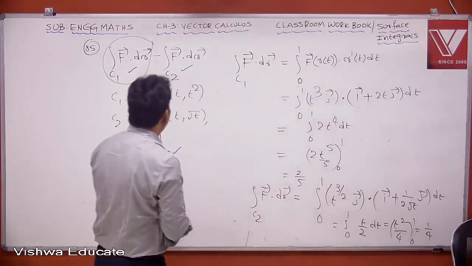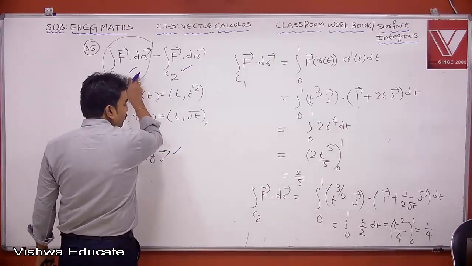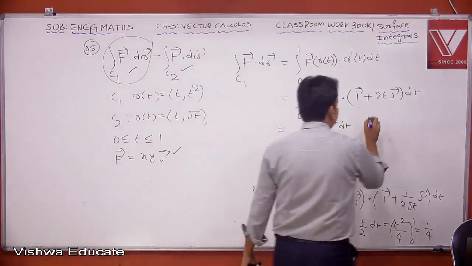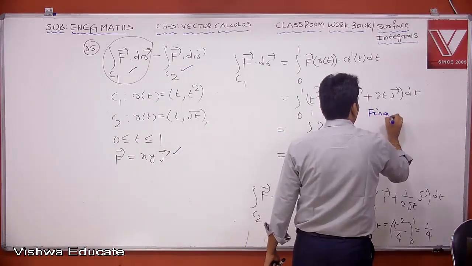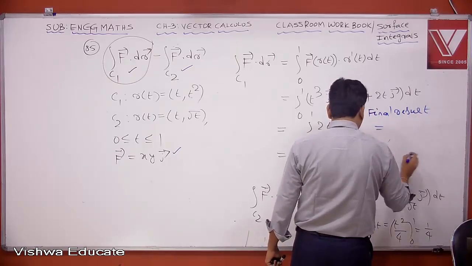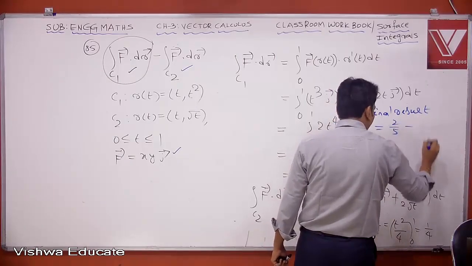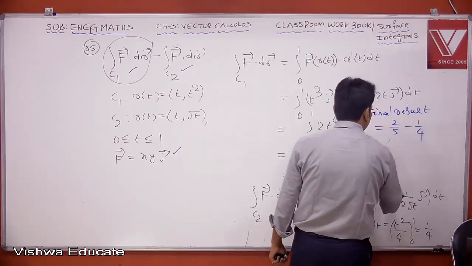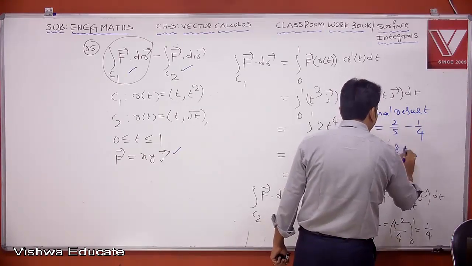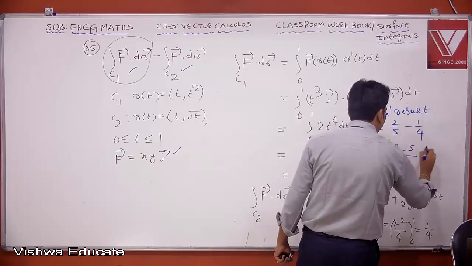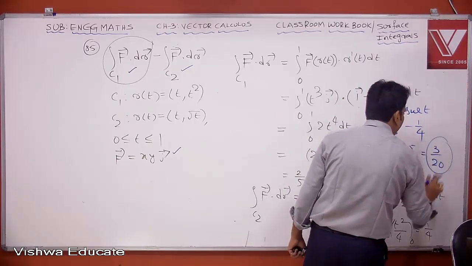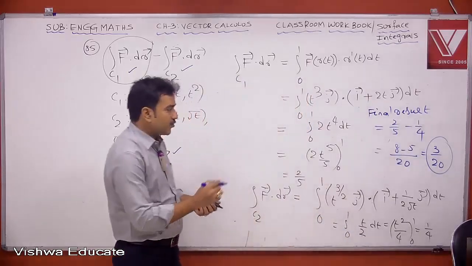So the first line integral is 2 by 5, and the second line integral is 1 by 4. Therefore, the final result is 2 by 5 minus 1 by 4. The LCM is 20: 5 fours, 4 twos 8, minus 4 fives... so this is 5. Therefore this is 3 by 20. So the final result is 3 by 20.